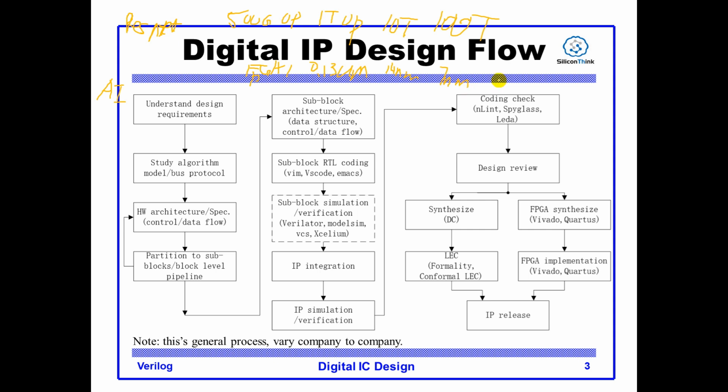So you have to decide which process node you will use. The process node has impact on the clock frequency of your design, which in turn affects the performance of the design.